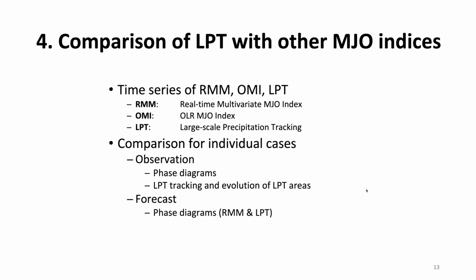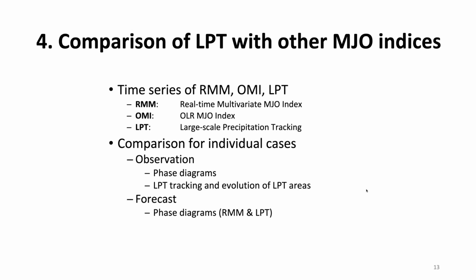And OMI is convection only, and it's also global modes. And before the calculation, intraseasonal filtering was applied. And LPT is basically local information. It's convection, precipitation, and no intraseasonal filtering.